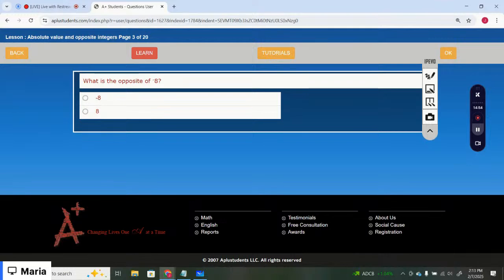What is the opposite of negative 8? That would be positive 8. Option number 2 is the correct option.